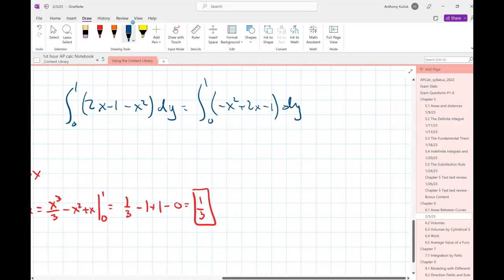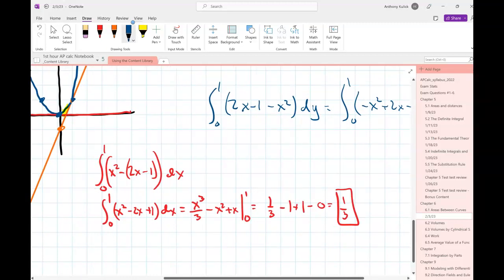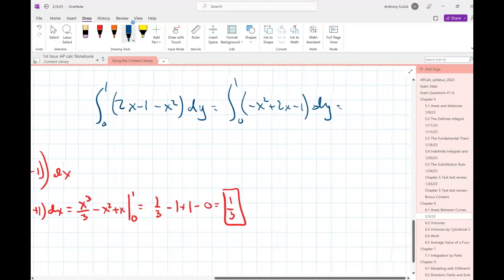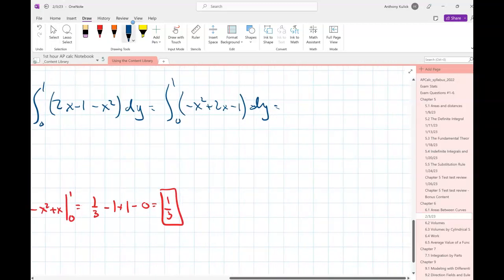Oops. Huh? Well, because it's always the right curve minus the left curve when we're doing y's. No, I mean next one over. I just rearranged it. Oh. So I just put it in standard form. That's all I did there. That's okay.